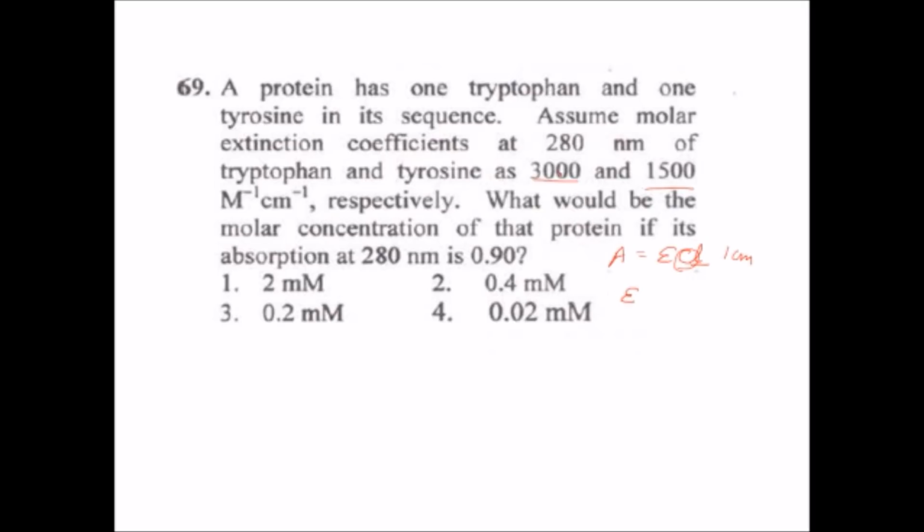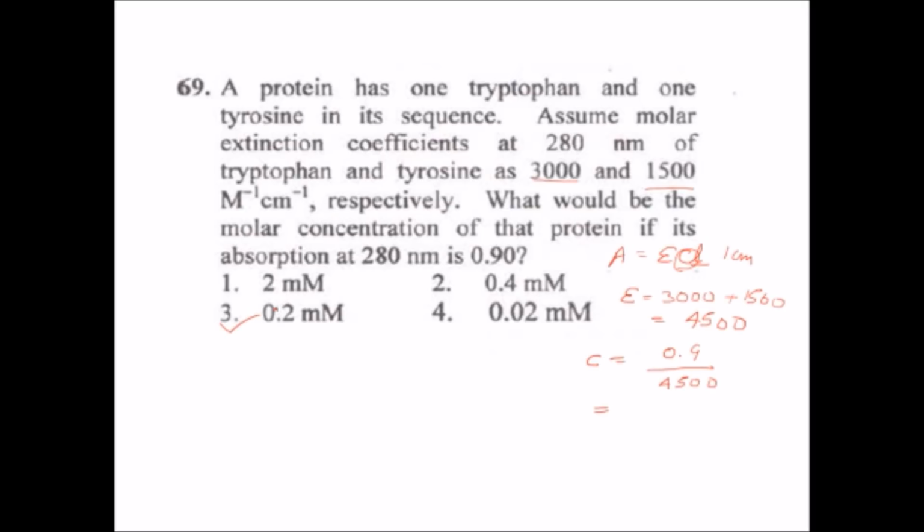So we will add the values of extinction coefficient of tryptophan as well as tyrosine, which is 3000 plus 1500 equals 4500. Now absorbance is given as 0.9, so we can calculate the concentration by putting all the given values: 0.9 by 4500. When you calculate this, you will have 0.2 millimolar.